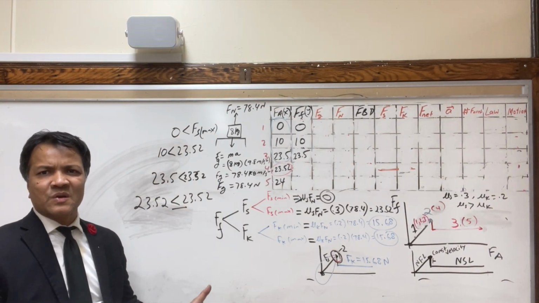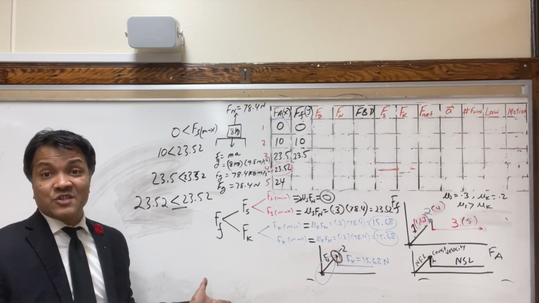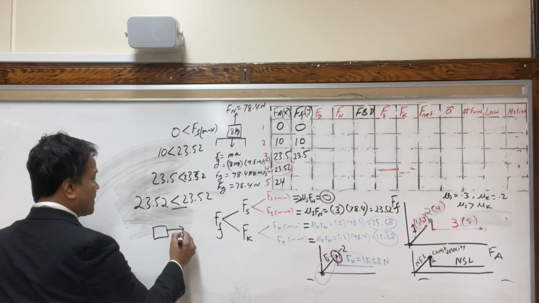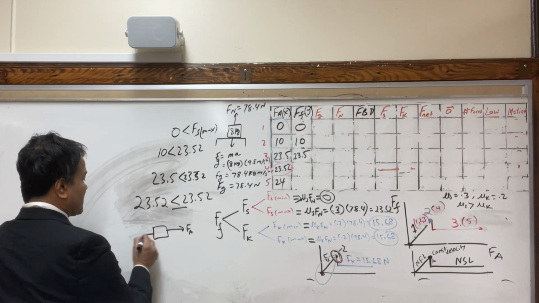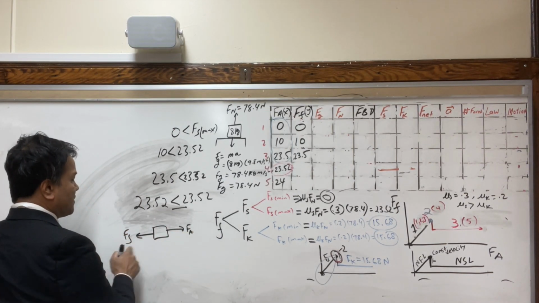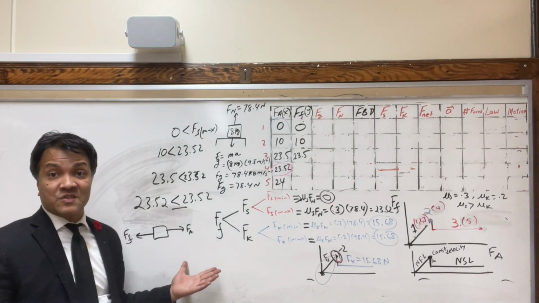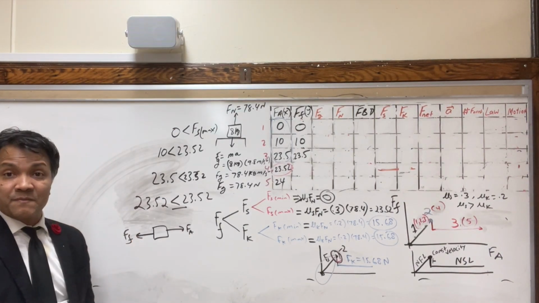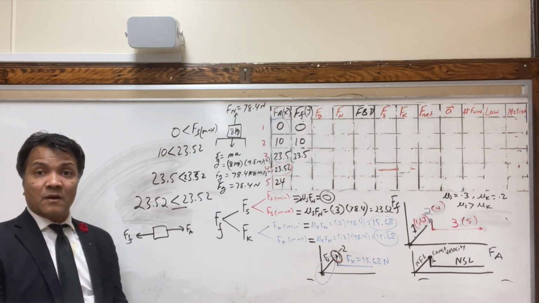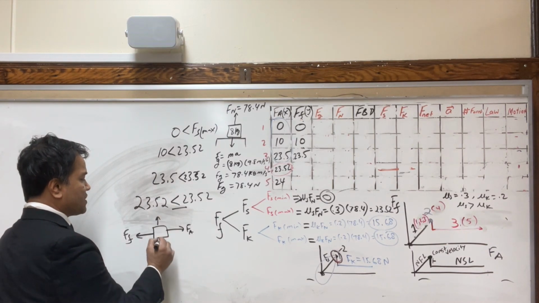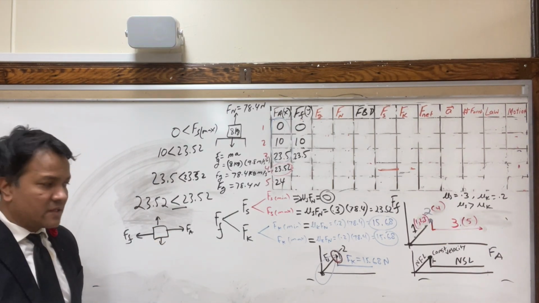So it's as if there is no friction, because both components are the same. This one cancels this one. What happens then? The object moves with constant velocity. I did not show these two because they cancel each other.